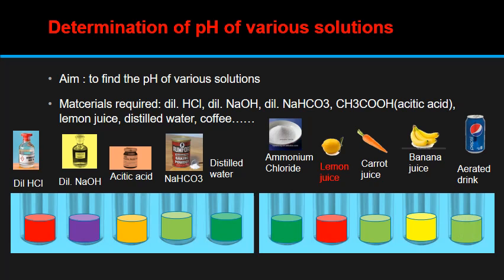Like that, the colors will change. What we are doing here is adding the indicators, and those indicators will tell you the pH values. Here you can use the universal indicator or the methyl orange. Understand?